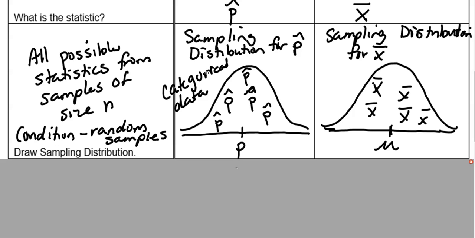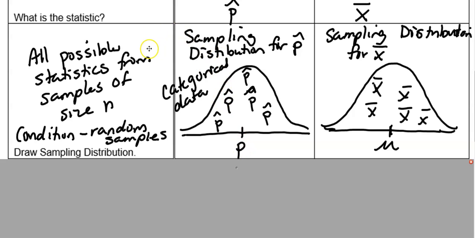Our example that we started with in class was the Reese's Pieces example. Reese's Pieces have different colors, orange and yellow and brown, I think. Our population would look like 3 bars, one for orange, one for yellow, one for brown. The proportion of orange in the whole population would be P. The proportion of orange in my sample would be P hat.